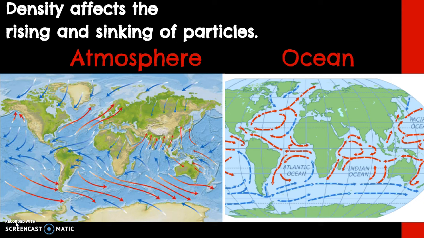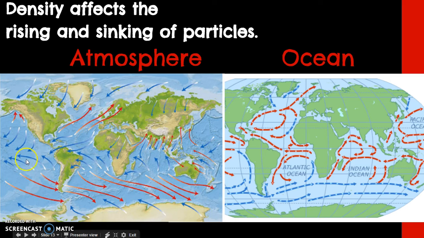So the three factors for atmosphere and oceans affect the density of the molecules. So with atmosphere, we have the temperature, the elevation, and the humidity. And that affects the wind currents that occur on the Earth's surface due to the rising and falling or sinking of particles.